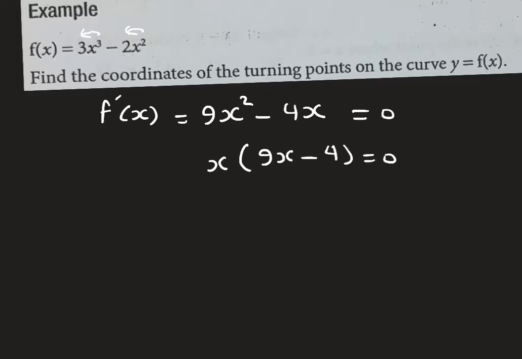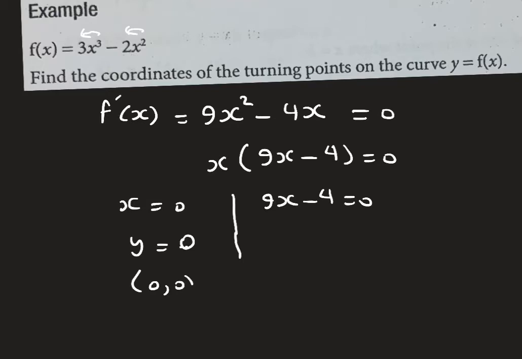So now we have x equals 0 or 9x minus 4 equals 0. If x equals 0, we can substitute in the original function to find the y coordinate. Put x equals 0 in the original one, you get 0. So the first point is (0, 0).